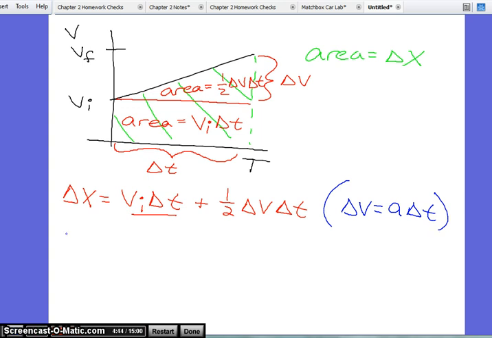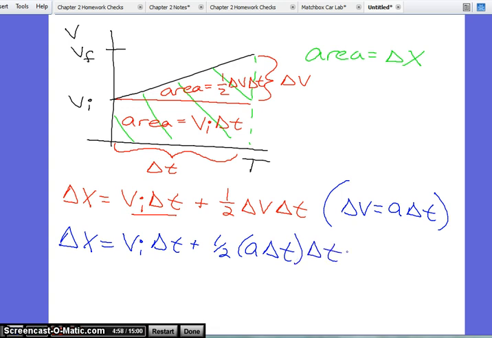And so we can now write the second equation. If we replace the delta v with A times delta t, we seldom write delta t times delta t. Instead, what we do is we write delta t squared.